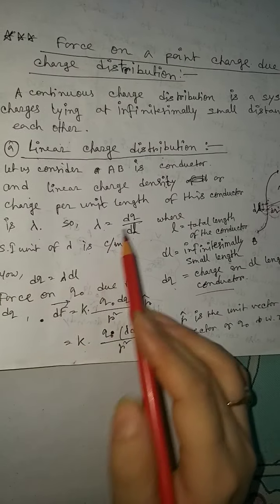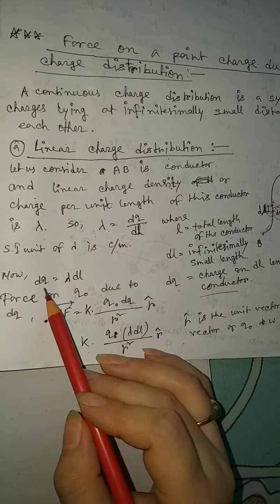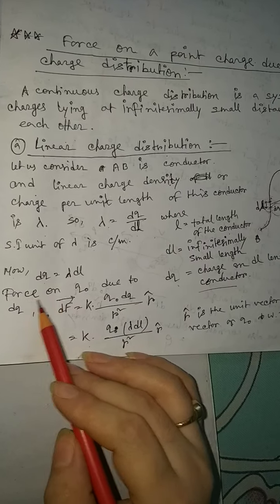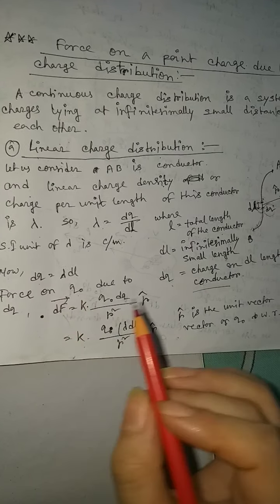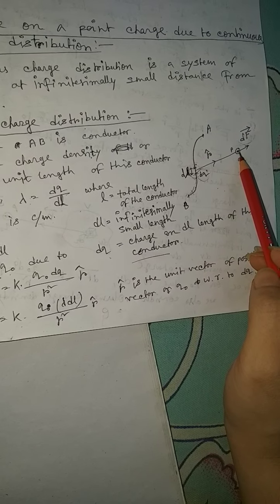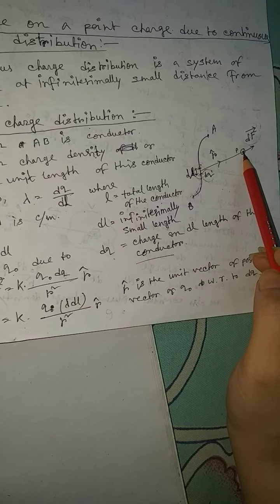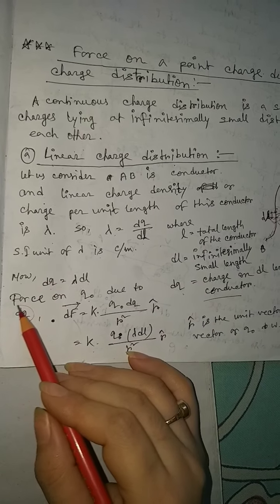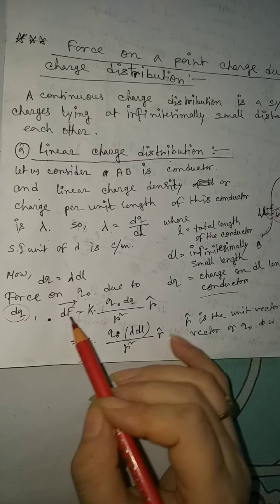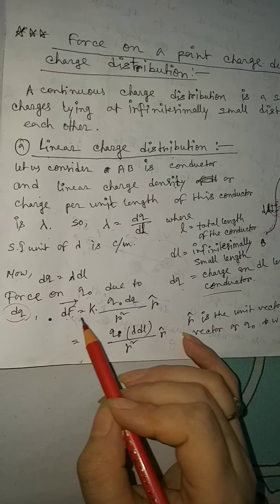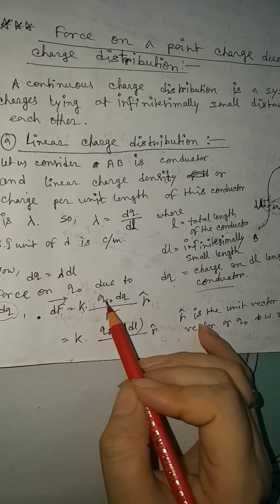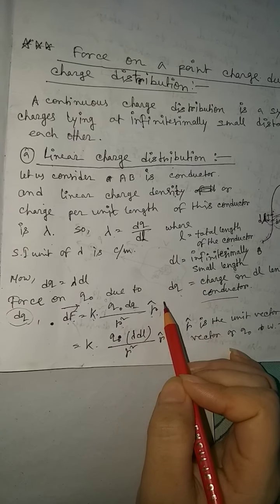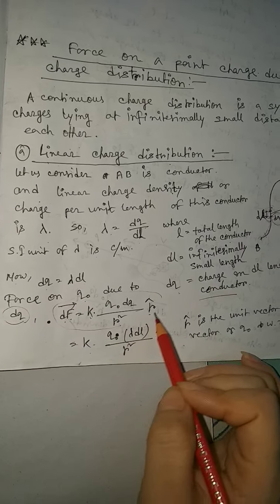So now from this equation, dq equals lambda into dl. So force on q naught charge which is placed at point P due to dq amount of charge is suppose dF. So dF equals k into q naught into dq by r square into r cap. This is coming from Coulomb's law.